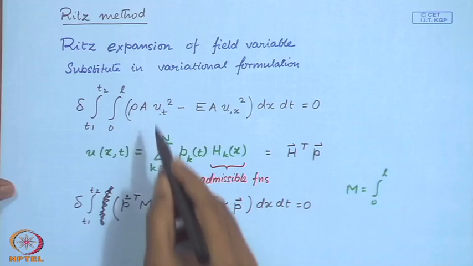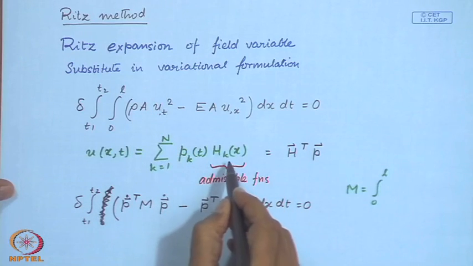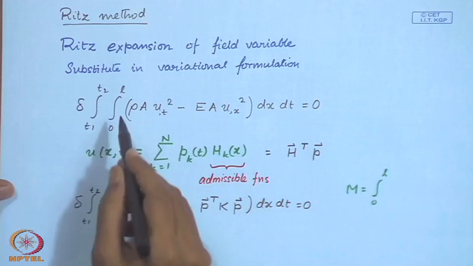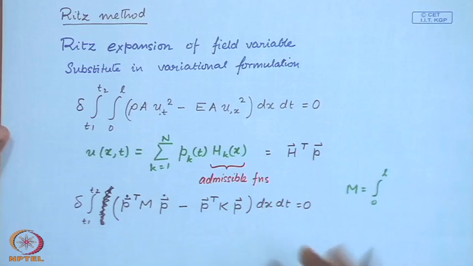So, we substitute this here, and since these admissible functions, this basis, is known to us, we can perform this spatial integration and obtain the variation of this discretized problem.